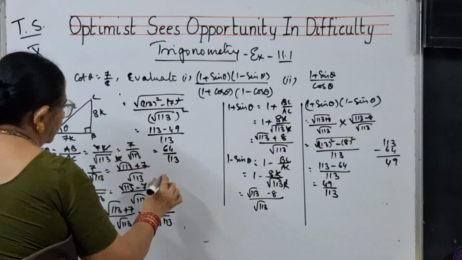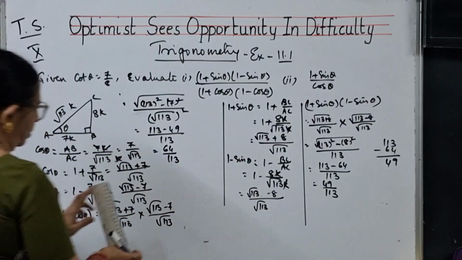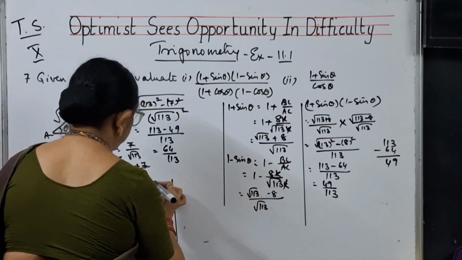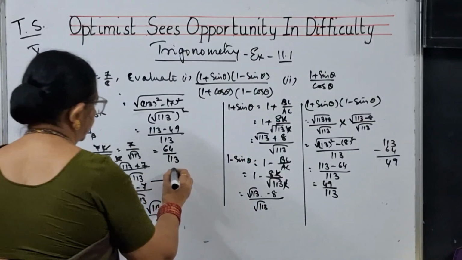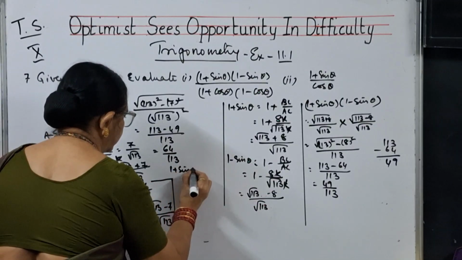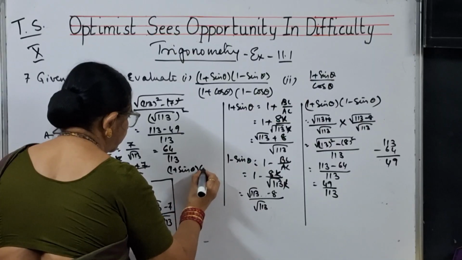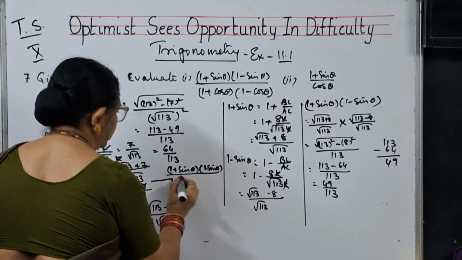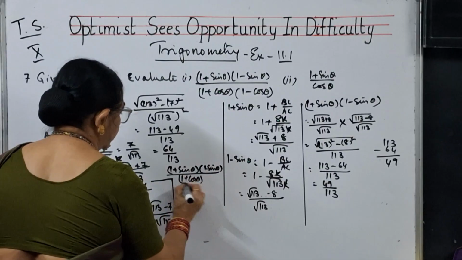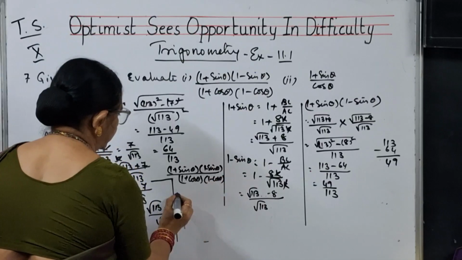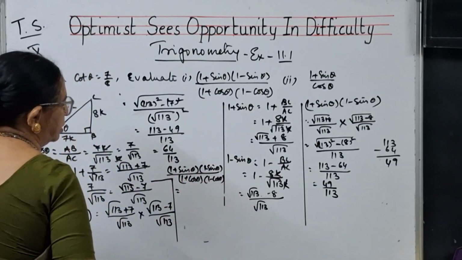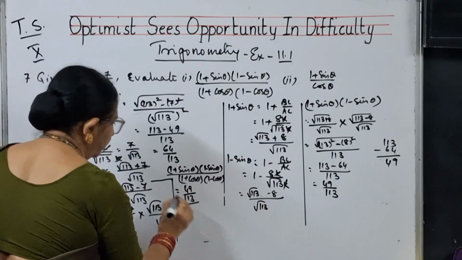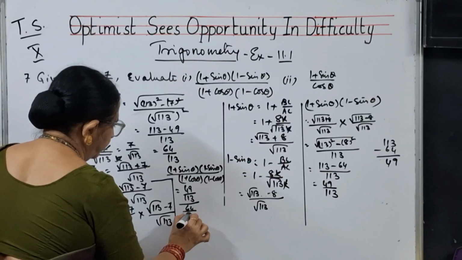So the question that you have got is 1 plus sine theta into 1 minus sine theta by 1 plus cos theta into 1 minus cos theta is equal to, that is how much 1 plus sine theta into 1 minus sine theta? 49 by 113 divided by 64 by 113.